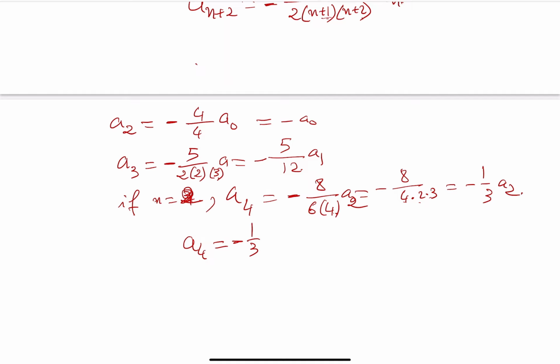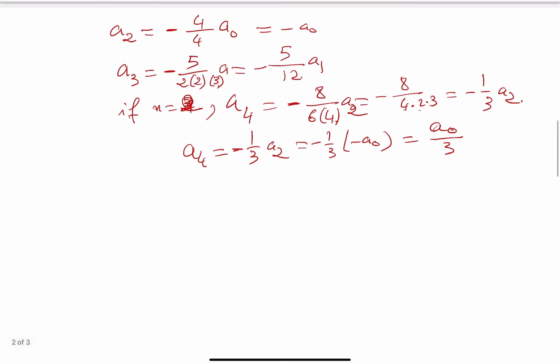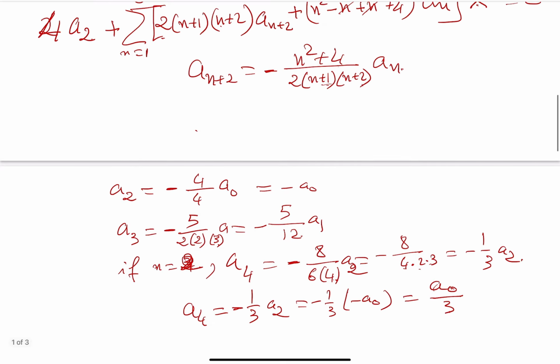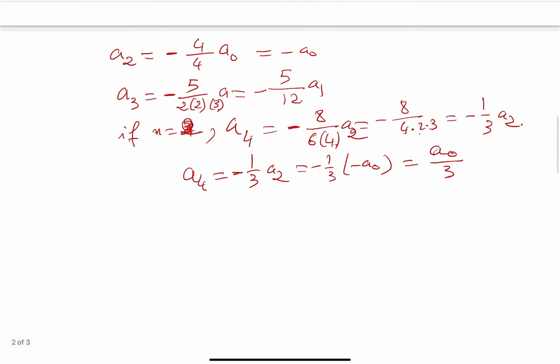Everything has to be expressed in terms of a0 or a1. So we have a2, and remember it's negative 1 over 3, and a2 is negative a0, which becomes a0 divided by 3. And so on, so on. You can keep going. Computing is exactly the process. Just understand the process, that's all. The rest is just computation.